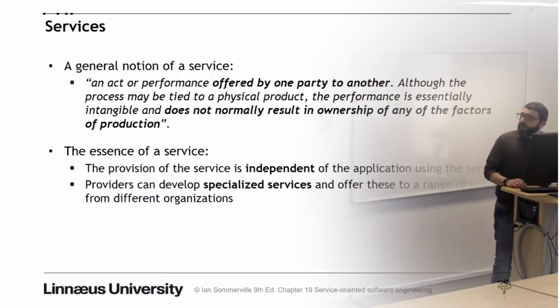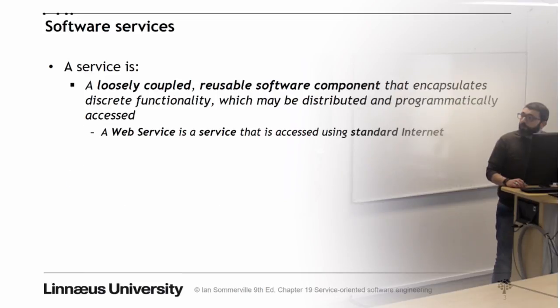Well, we have the same if we talk about a software service. Then we exploit this definition, and a service is defined as a loosely coupled, reusable software component that encapsulates discrete functionality. And this functionality might be distributed and programmatically accessed.